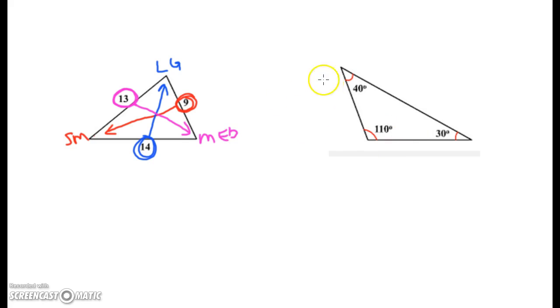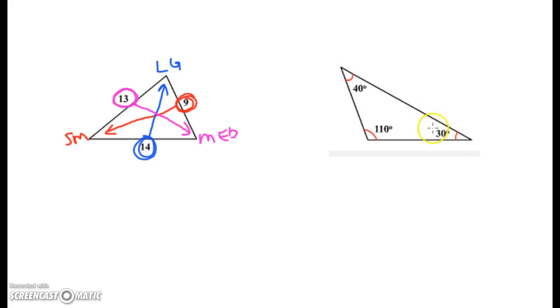You can do the same thing going the other direction. If you know the angles, now you can tell me which side is the biggest and which side is the smallest. In this picture, 110 is the biggest angle, which means this side that's across from it has to be the biggest side. And it looks like the biggest side, right? I couldn't tell you exactly how big this side is, but I can tell you that it is the biggest.